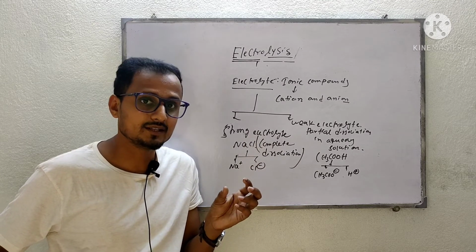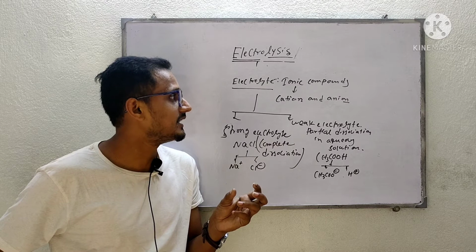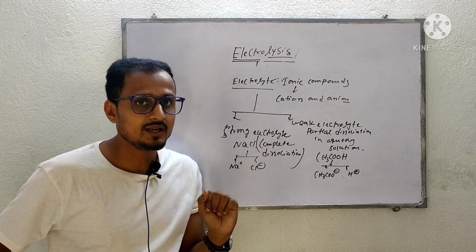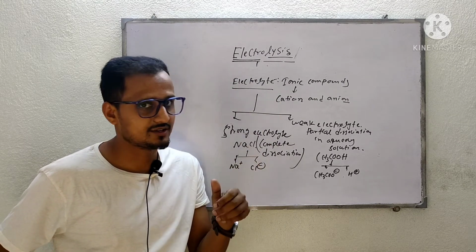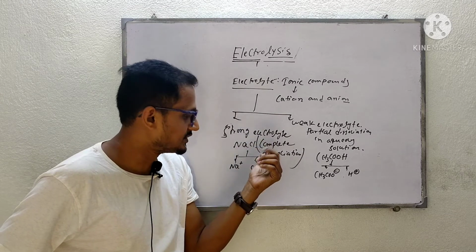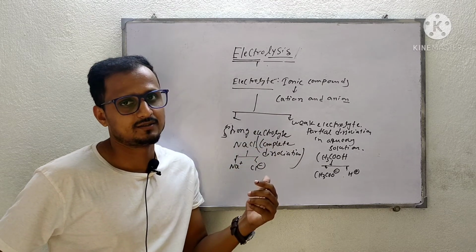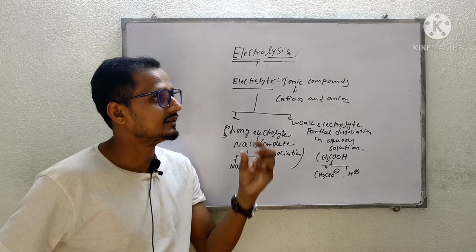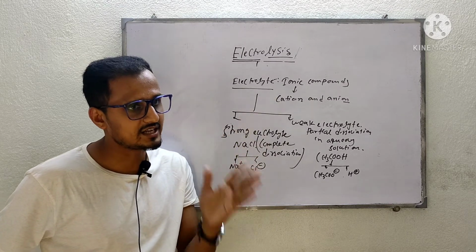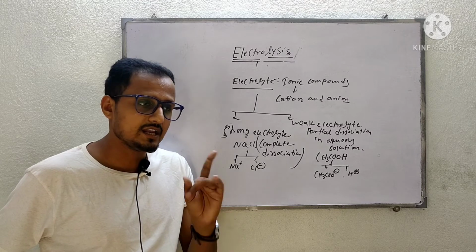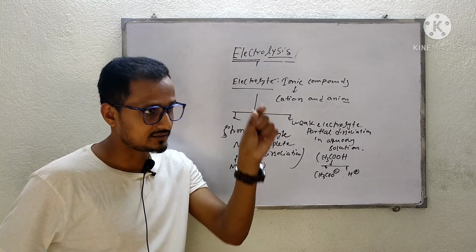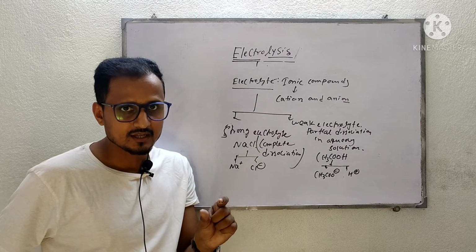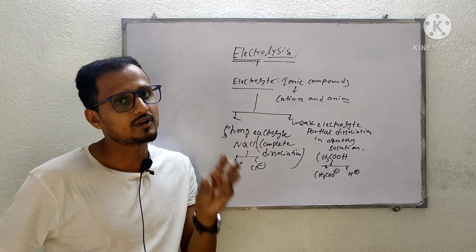So we have to take a voltmeter, and there we have to take the electrolyte, such as sodium hydroxide, potassium hydroxide, sodium chloride or lead bromide. In aqueous solution they will furnish the cations and anions, and if you pass electric current through cathode and anode, we will get a product.